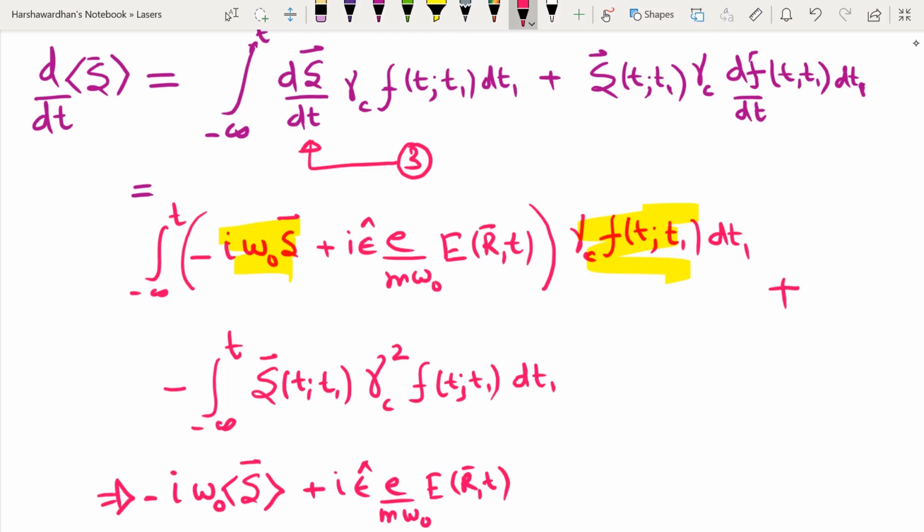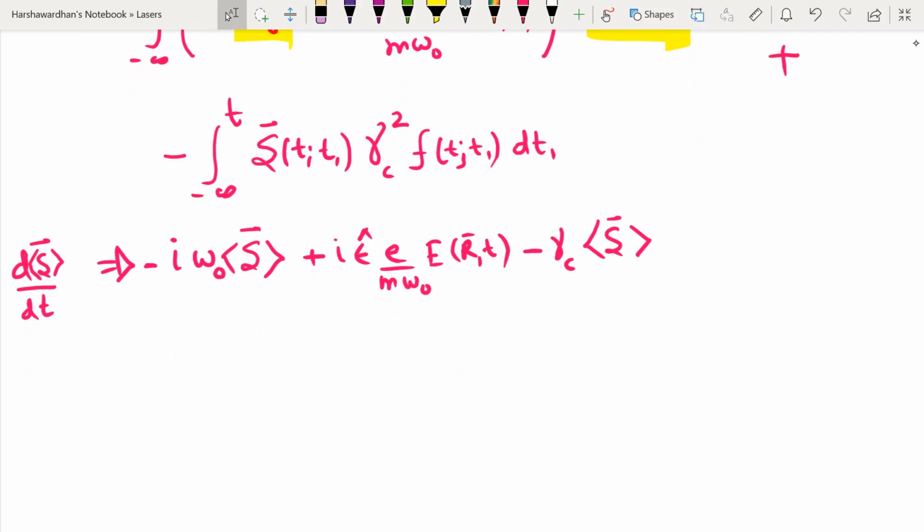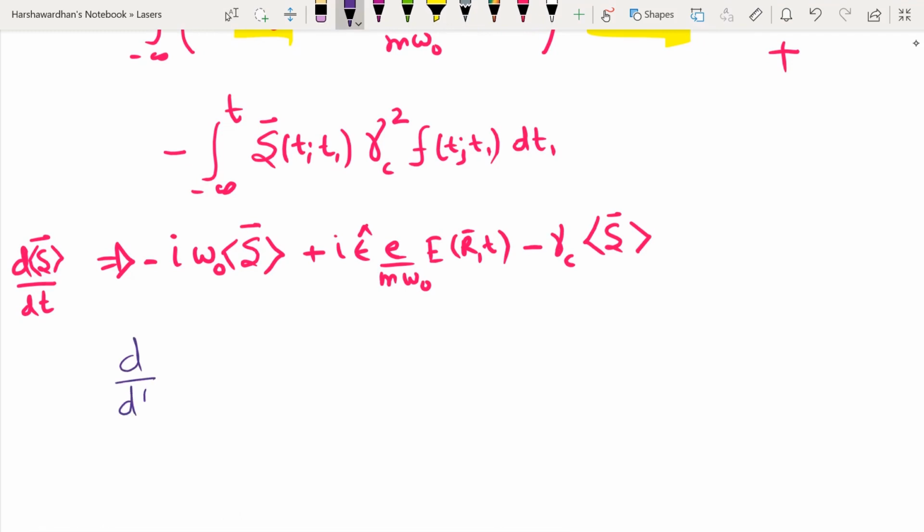Then the third term is simply going to give me minus gamma c times average S, and that's about it. So if I put all of this together, remember that on my left hand side I had ds over dt for the average value of S. So finally, what I have is the following, that I have d by dt of S average.